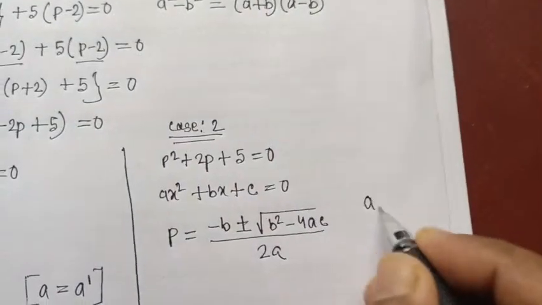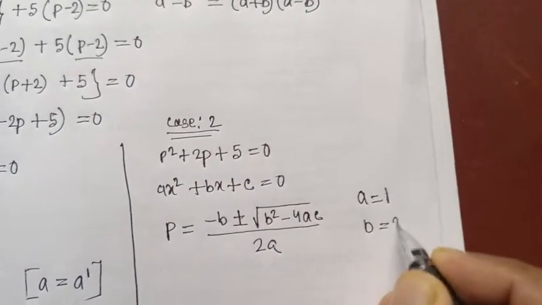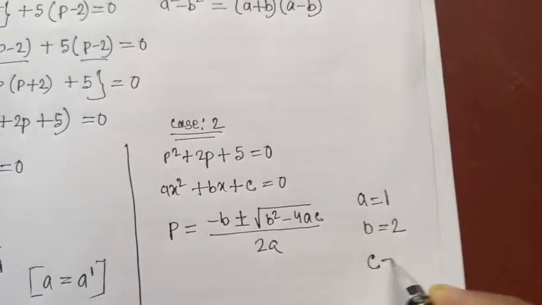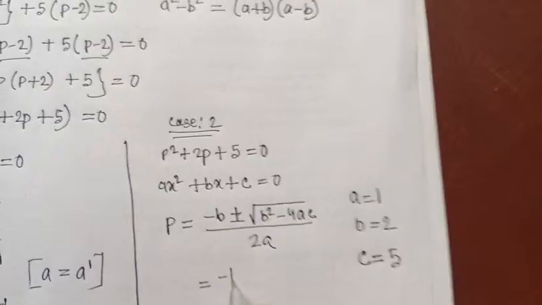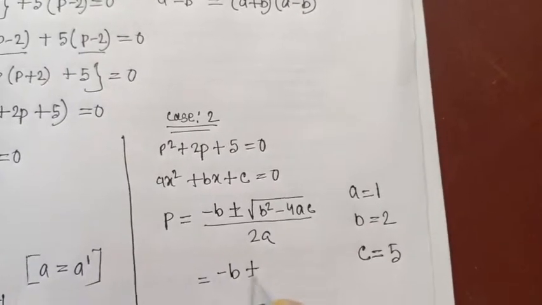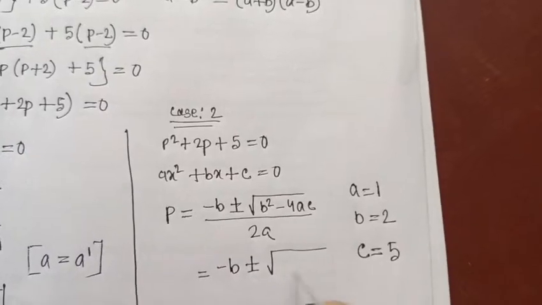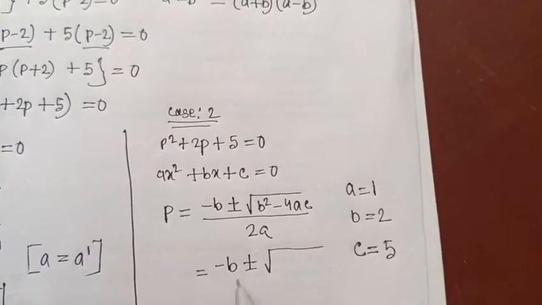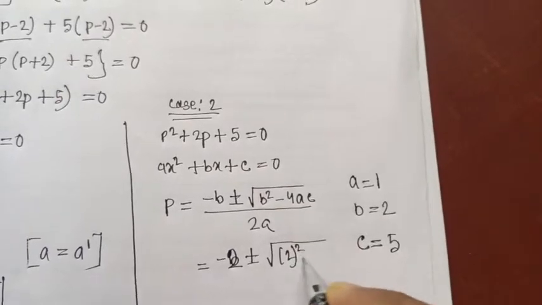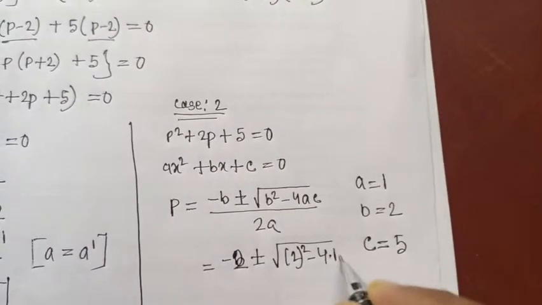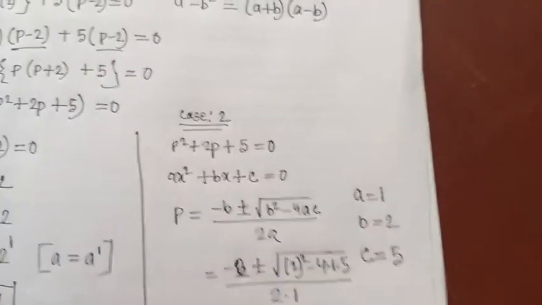Here we can see a equals 1, b equals 2, and c equals 5. So if we put here minus b plus minus root b square, we put here minus 2, square minus 4 into 1 into 5, by 2 into 1.